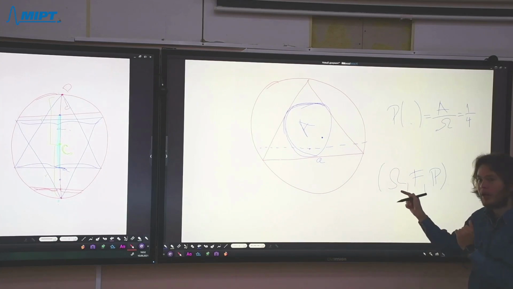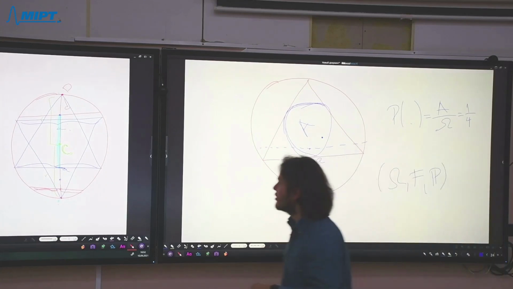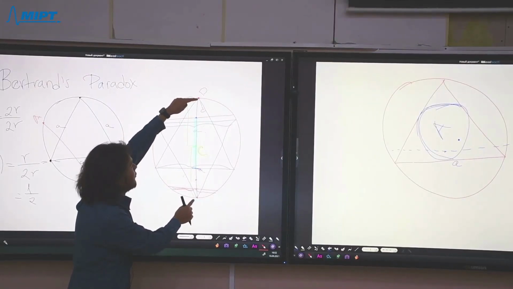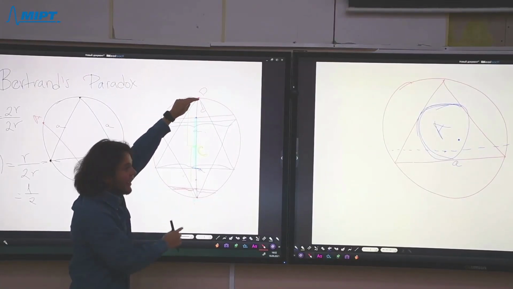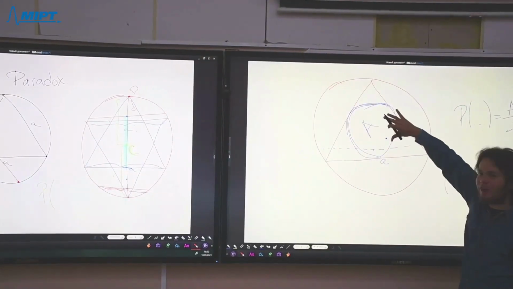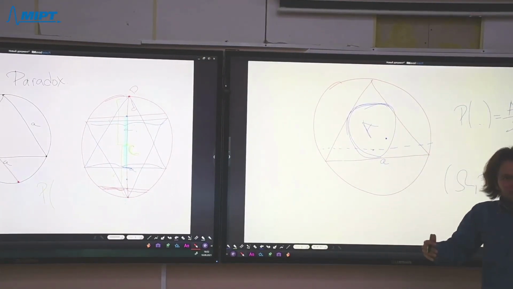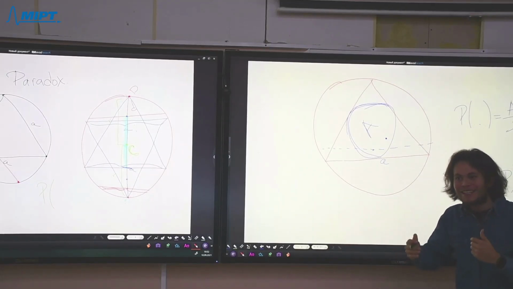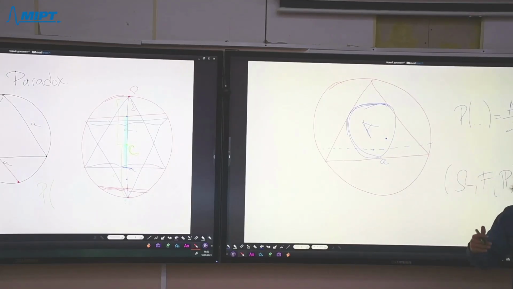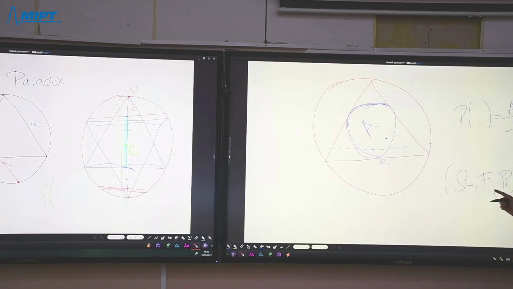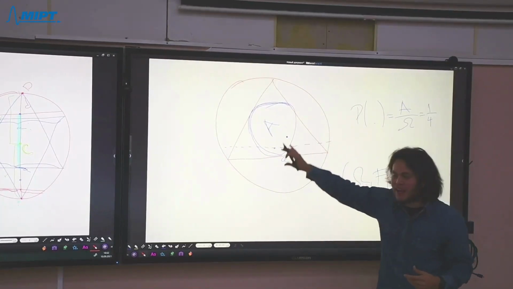In the second case, omega is the length of D, and in the third case, omega is the area of A. So in every case, we have a different omega, which means a different probability space. So the probabilities that we get for each of these cases are going to be different.